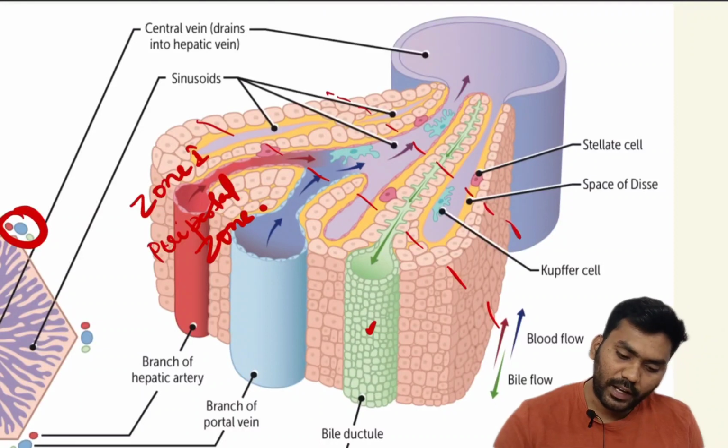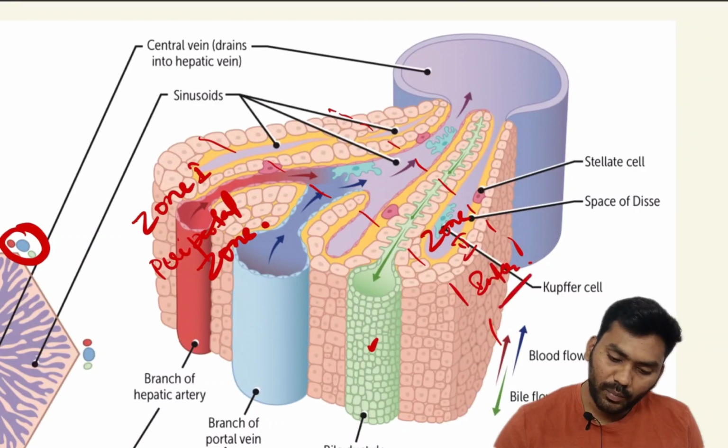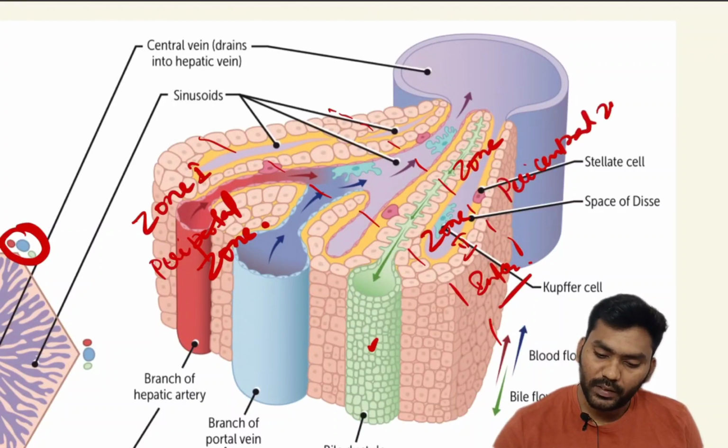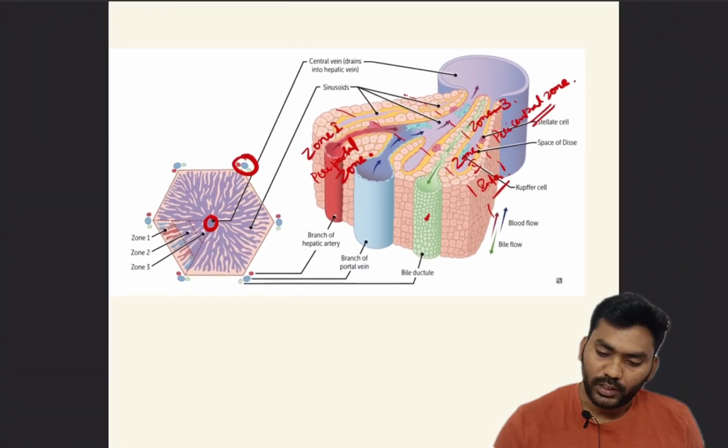The second, intermediate area is zone 2, the intermediate zone. The third zone, lying close to the central vein, is the pericentral zone, called zone 3.